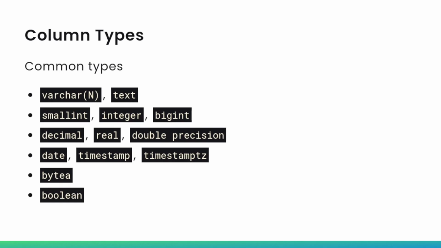And we have timestamptz, which is date, time, and time zone. Now, unless your application knows and is really aware of what it's doing with the time zone, what you most likely need for timestamps is timestamptz, okay? We then have bytea for binary data and Boolean, which stores true or false.